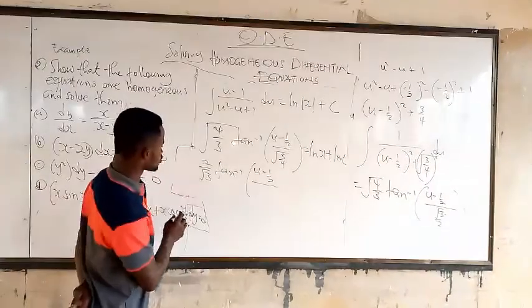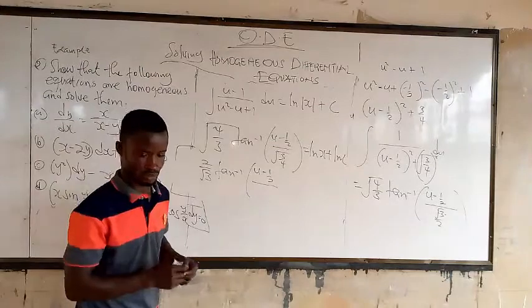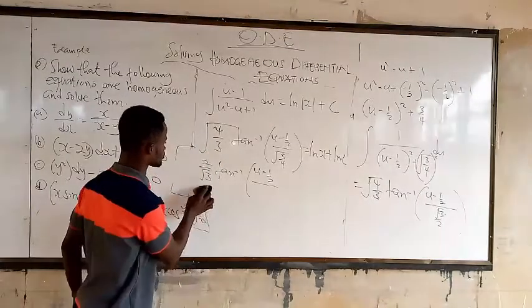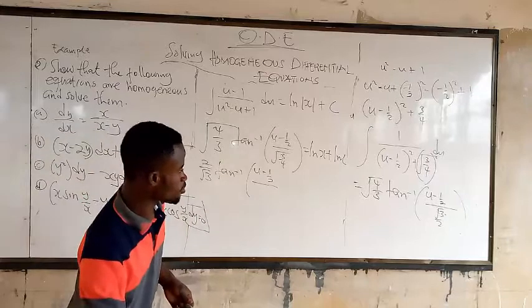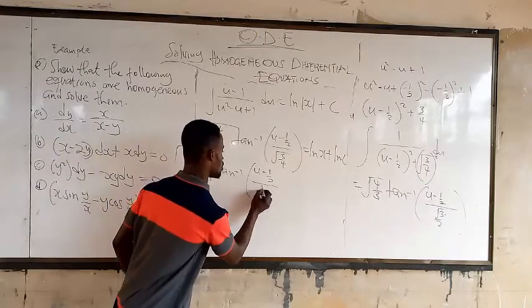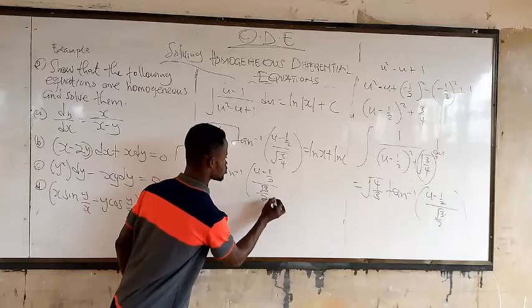For here it's supposed to be square root of 3 over 2.